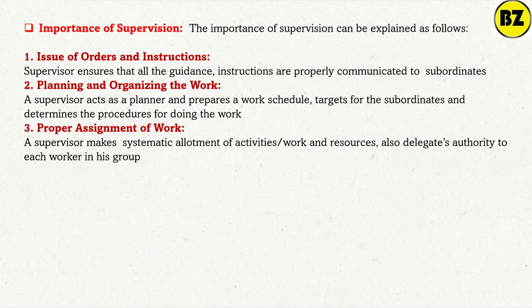Next, what is the importance of supervision? It includes issuing orders and instructions. Who will issue the orders and instructions? The supervisor is directly in contact with the workers, so the supervisor can issue them. Then planning and organizing of the work.